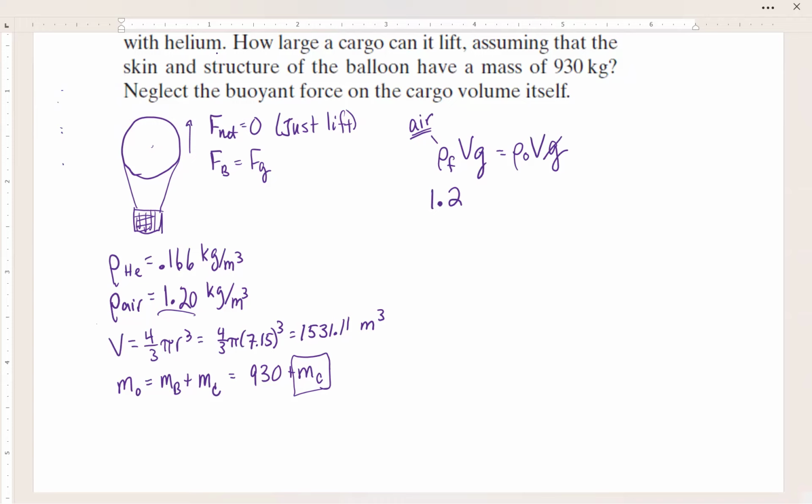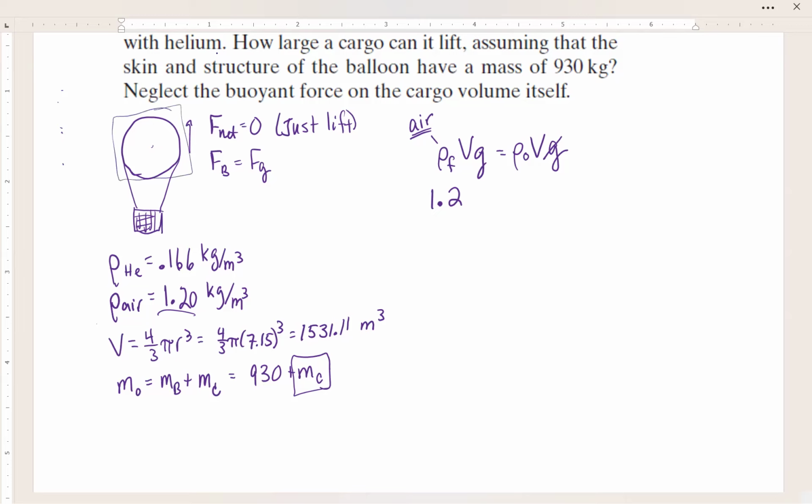So the mass of that's equal to the density of my air times the volume, or the density of my helium times the volume, that's kind of different than the cargo because that's not included in here.